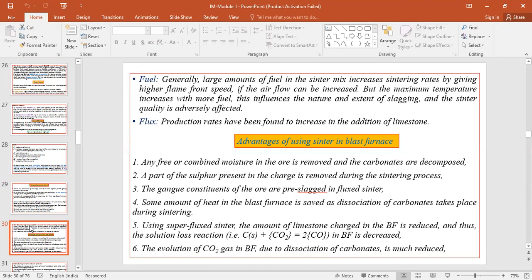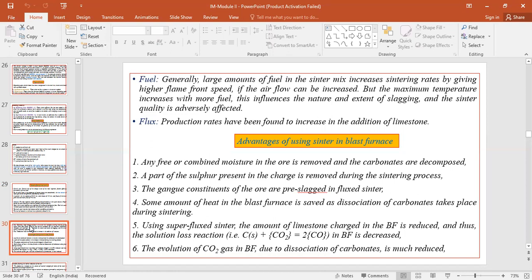The gangue constituents of the ore are pre-slagged in the flux sinters. So it is already pre-slagged iron bearing material. So again here, we have no need of a great amount of fuel for the fusion of the iron bearing material. The amount of heat in the blast furnace is saved as dissociation of carbonates takes place outside.